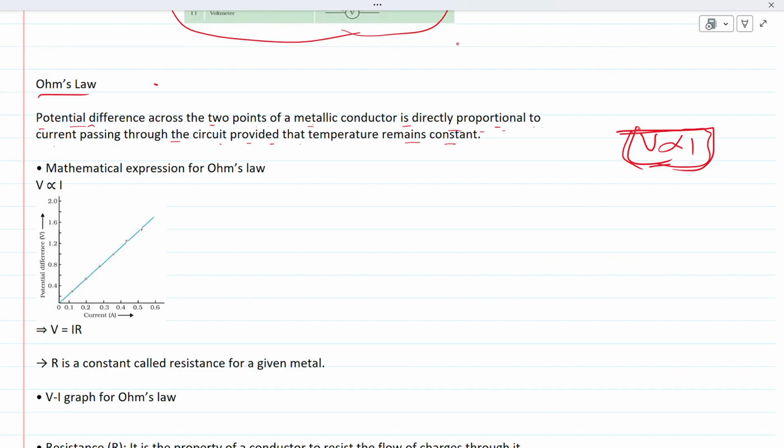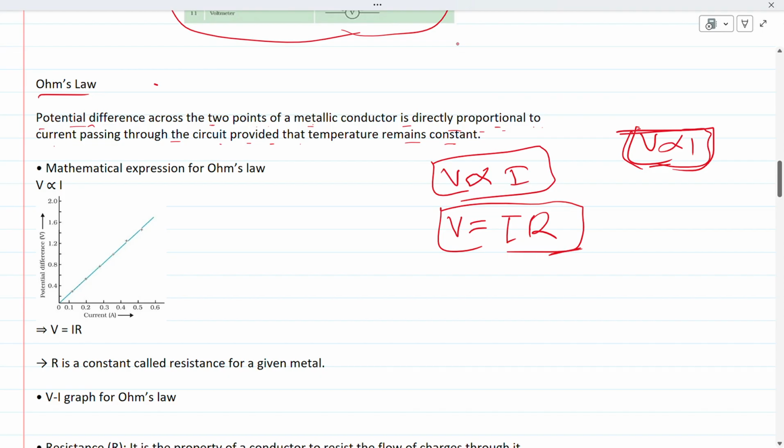At a constant temperature, the current flowing through the conductor is directly proportional to the potential difference. So we can also state that potential difference across a conductor is directly proportional to I. We remove the proportionality sign and put a constant called R, and this R is called resistance. V is equal to IR.